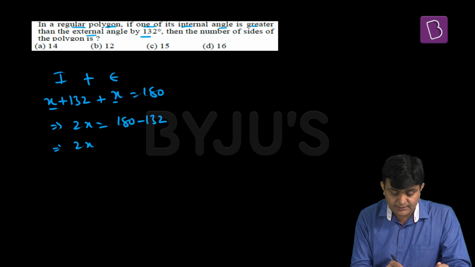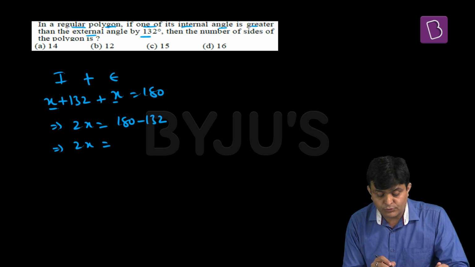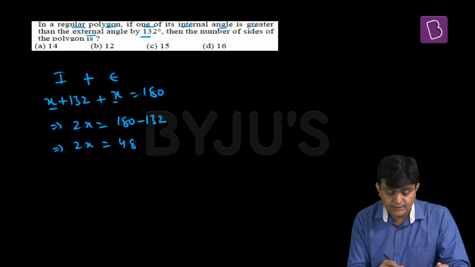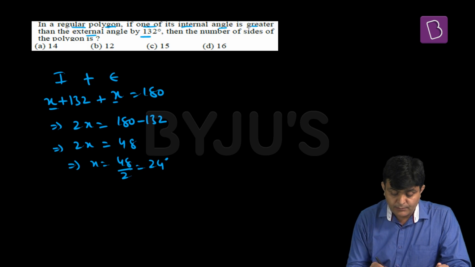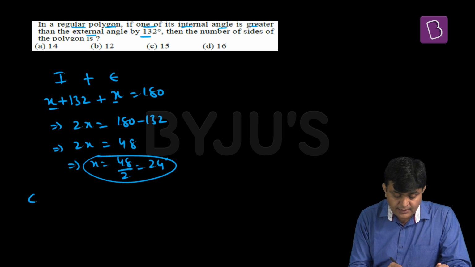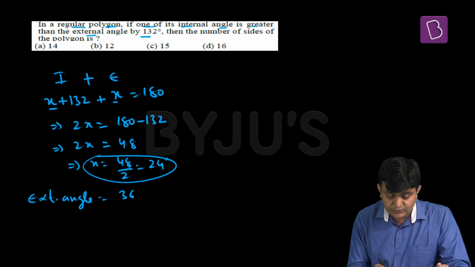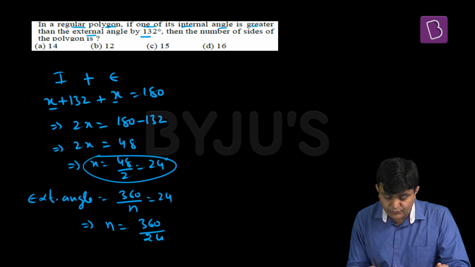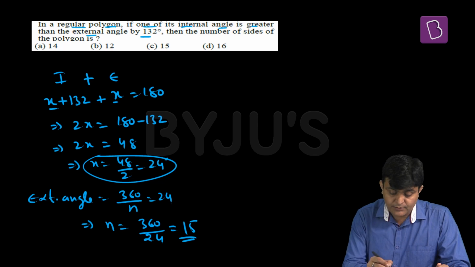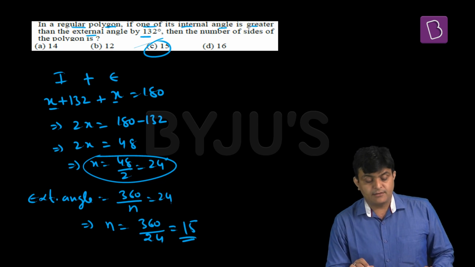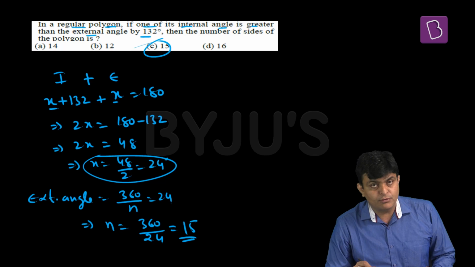This implies 2x is equal to 48, right? So again x is equal to 48 by 2, means 24 degrees. But we know that x is the external angle, and the external angle of any polygon is 360 by n, that is 24. So if we find n, it is 360 by 24, that means 15. So n is 15 here, the number of sides is equal to 15.